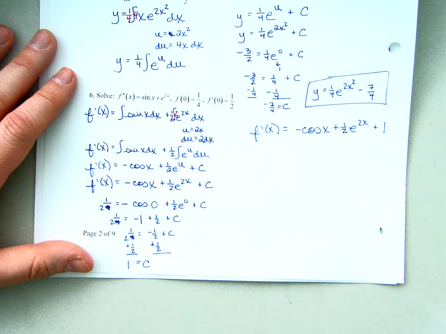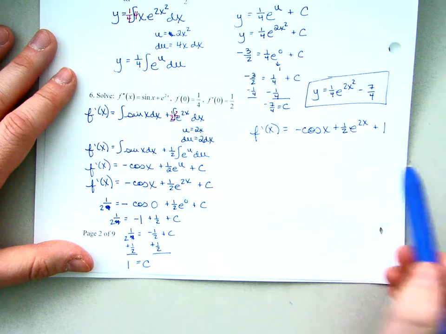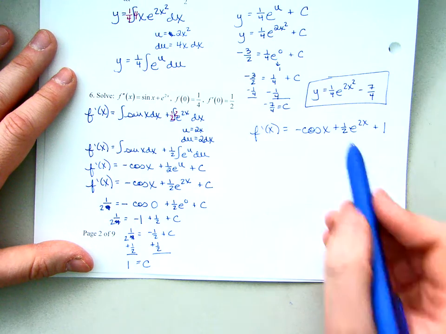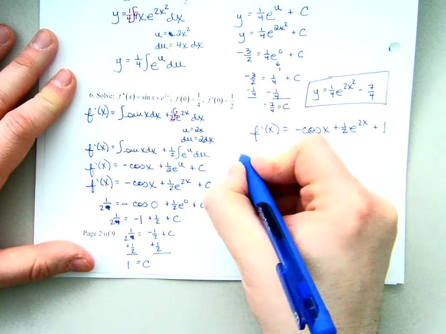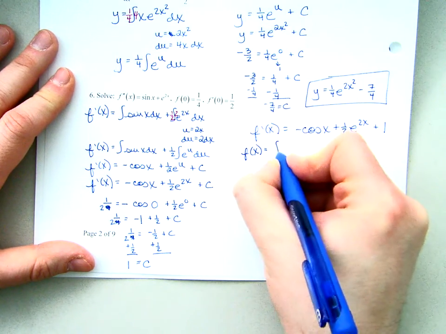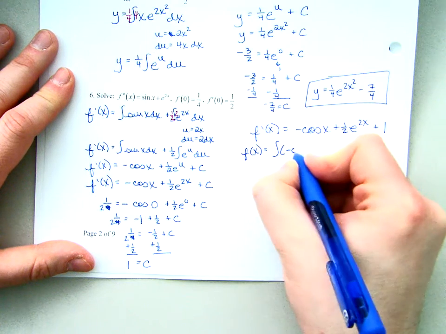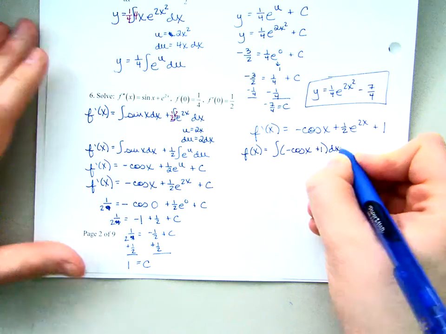Anything on how I got my f prime? Well, then do it again. You can integrate the negative cosine x and the plus 1 together because neither of those needs a u substitution. Do the other part separately because the e to the 2x part will need a u substitution, although maybe you just sort of know what will happen with that. And I think if you do it properly, your c value should be a nice number. It should be a very nice number. Yeah, that counts as a number.